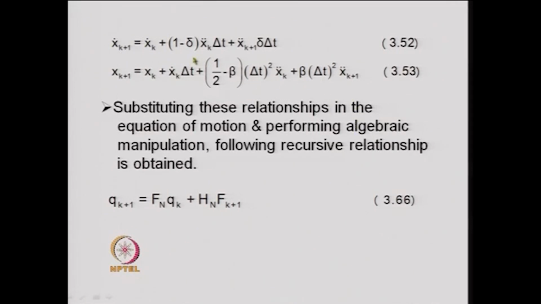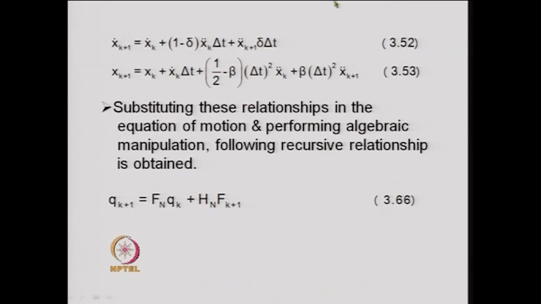Only thing what has been done over here is that instead of a constant acceleration that we assume over the time interval, here the acceleration is varying from k to k plus 1. So, that varying acceleration is considered with the help of this particular formulation, that is here we assume as if the acceleration is varying linearly.